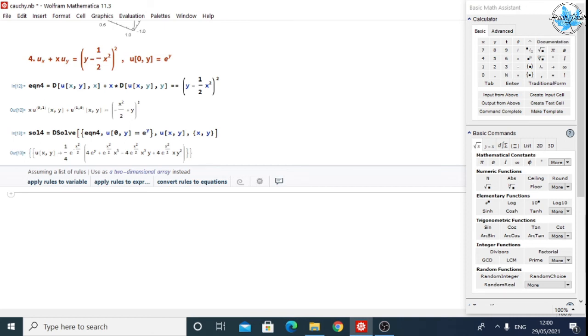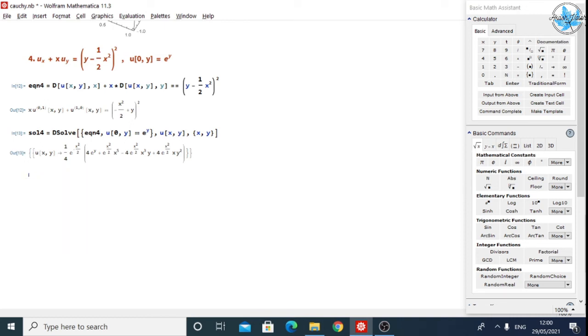Now we will plot. How to plot? Simply I will use the Plot3D command. Okay, so within this I will just write the u of x comma y, then backslash dot solve4. So I will put the value of this u of x comma y, which I will get in the solve4.